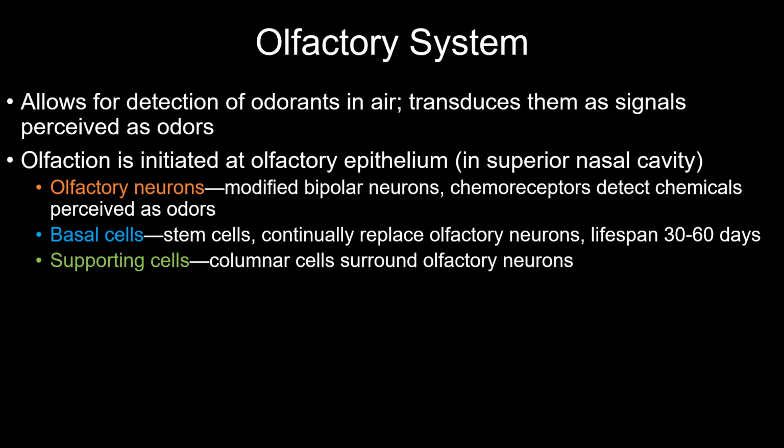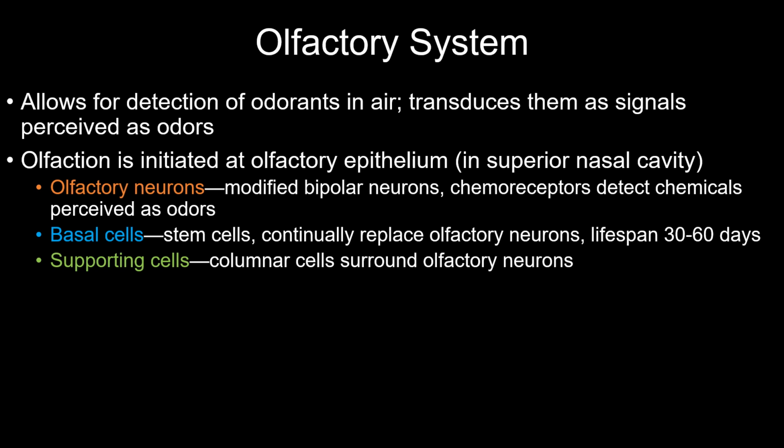These cilia will extend into a layer of mucus produced by olfactory glands, and the axons of these neurons are bundled in groups of 10 to 100, traveling through tiny holes in the cribriform plate of the ethmoid bone to reach the CNS.